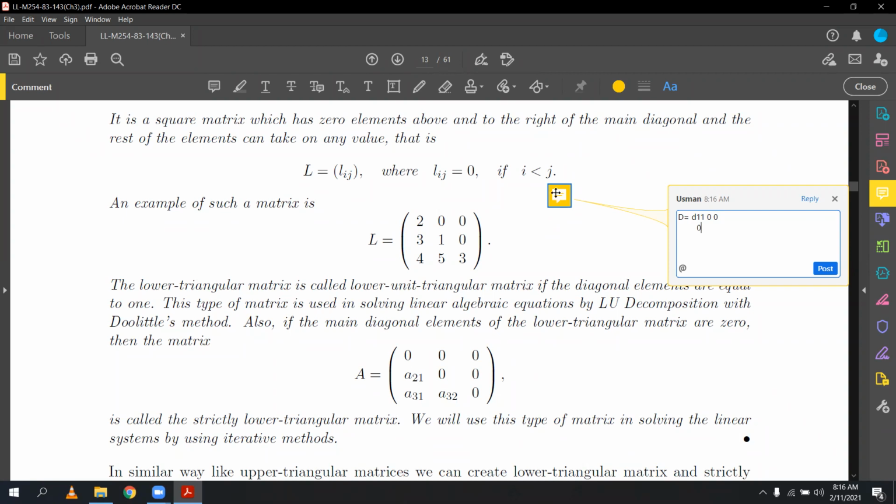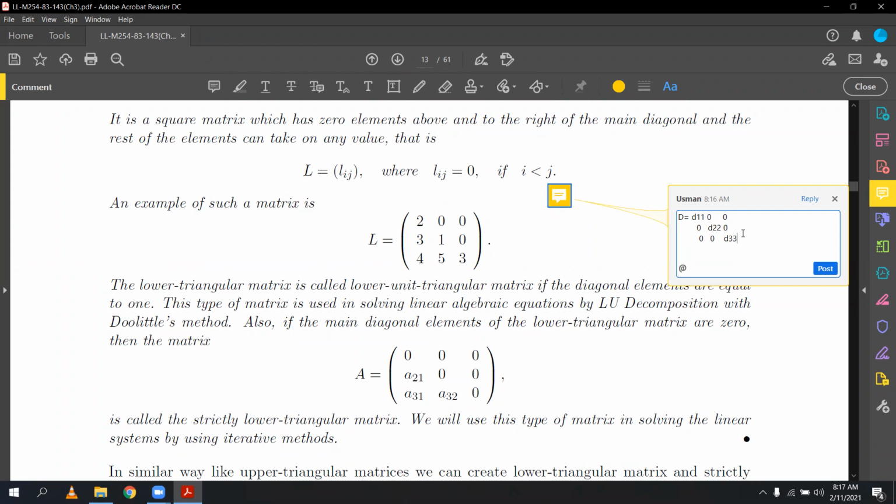What is next? 0, D22, and 0. And what is the third? 0, 0, and D33. This is the shape of the diagonal matrix.